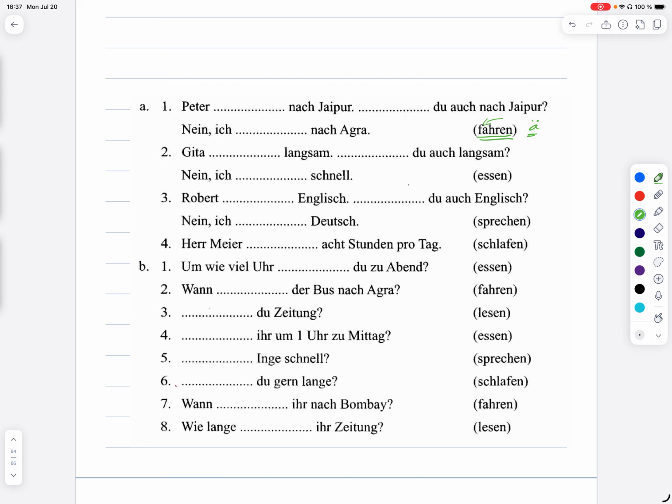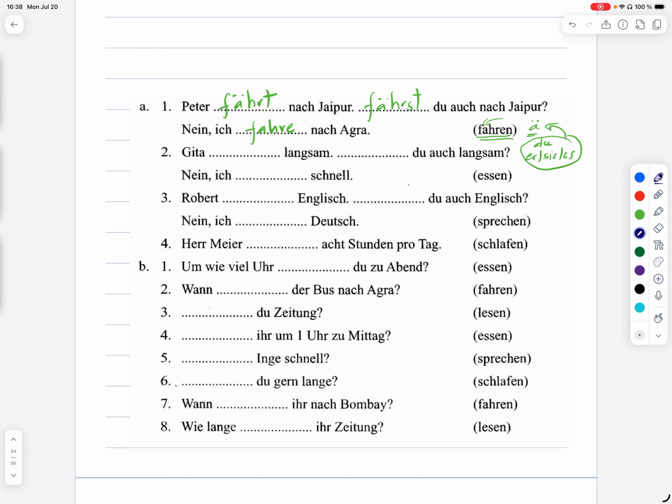But this will be only true for du and er/sie/es, right? For these we have to do the umlaut. So Peter is er, so it will be Peter fährt nach Jaipur, then fährst du auch nach Jaipur, and nein, ich fahre nach Agra, right?